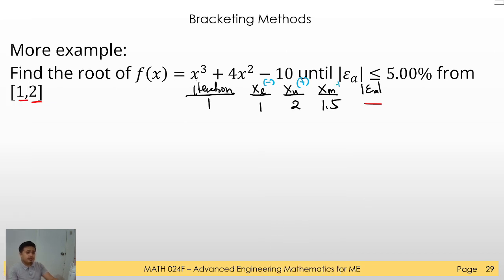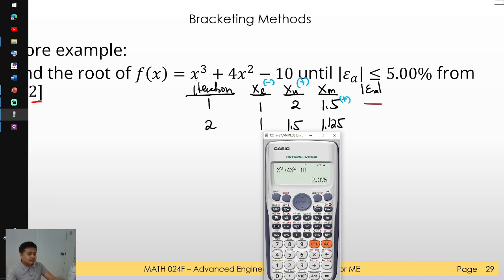So if this is positive, then we will replace the positive here with 1.5, and retain this one for the second iteration, and then find the midpoint. So we have 1.125. I won't utilize the calculator. And then you can calculate also the relative approximate error.